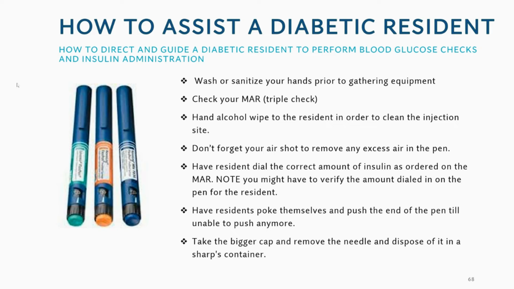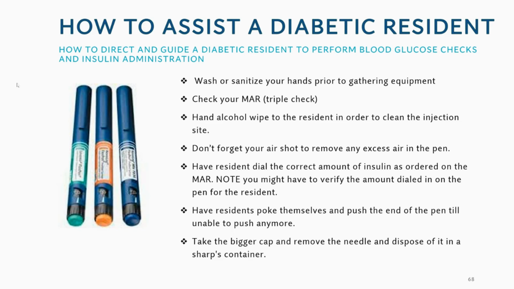And you're going to actually encourage the resident to do the pen clicking themselves. They might need you to watch the window and make sure that they have 5 units and not 15 units on the little window for the pen.